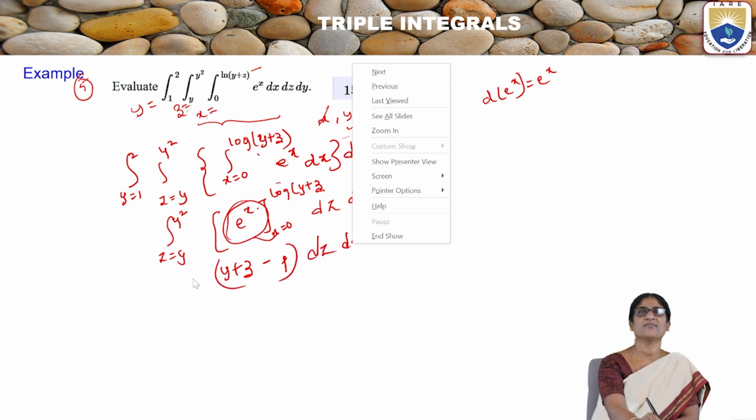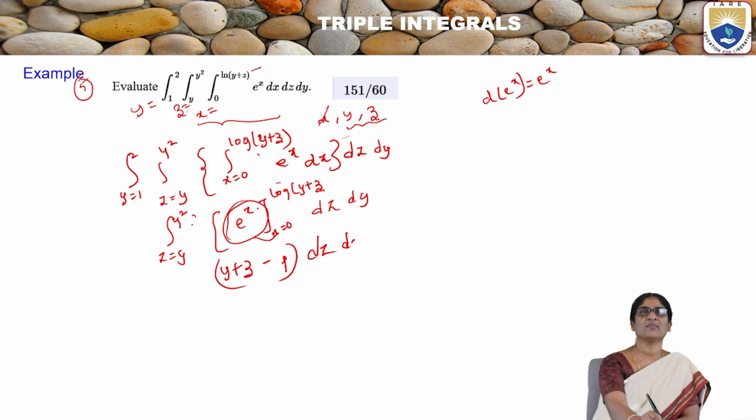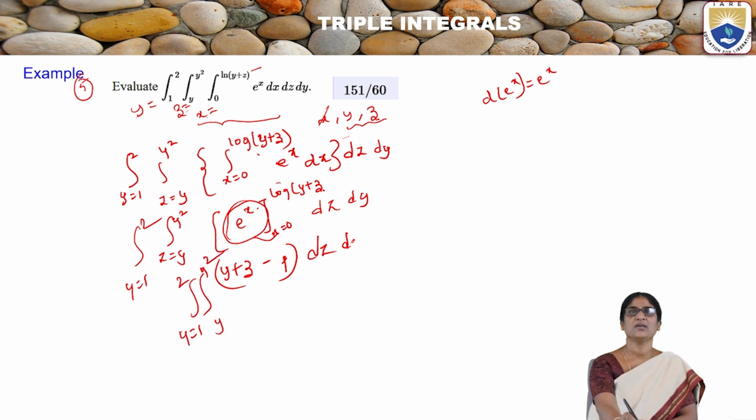So here a double integral is there, and the last is a numerical value, that is y equal to 1 to 2. So double integral of y to y square, y plus z plus 1 into dz into dy. The next one you can do with respect to z.